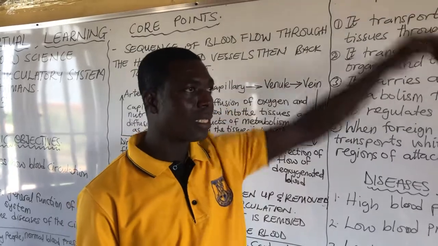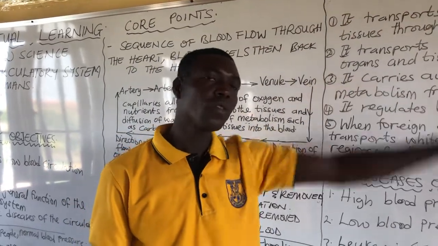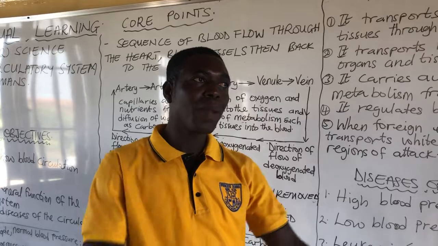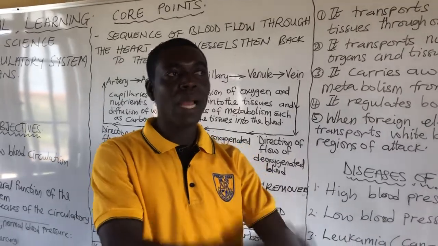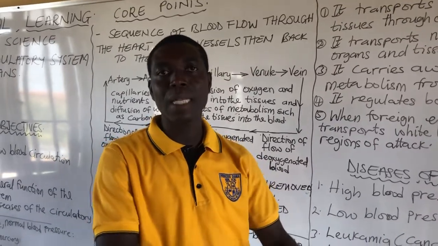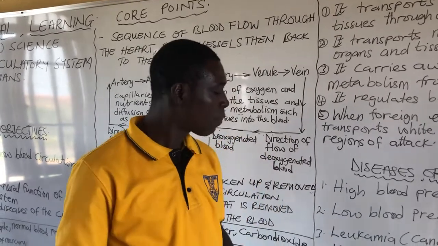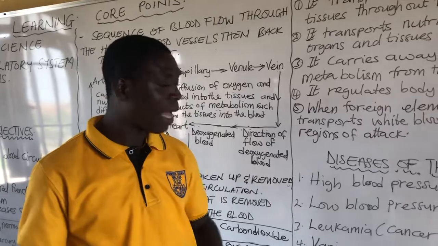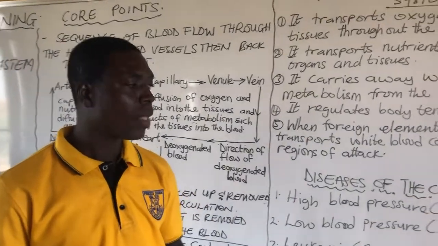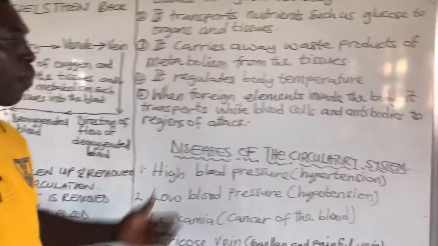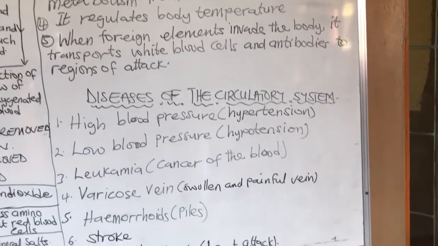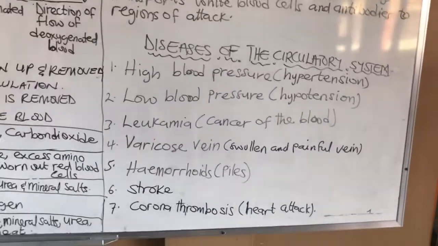It means that the blood is not flowing there, that part is not functioning. A portion or part of the body can be affected with stroke. And this is another example of a disease of the circulatory system.